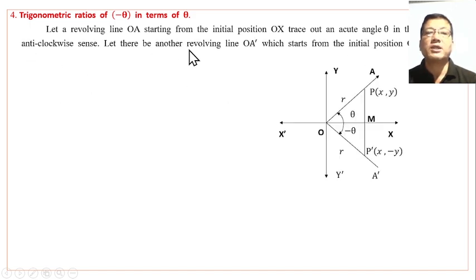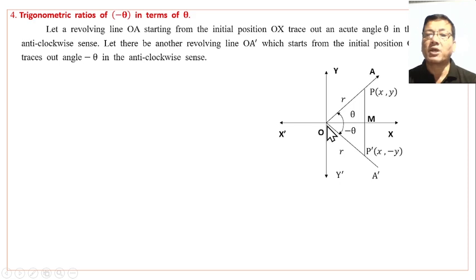Let there be another revolving line OA dash which starts from the initial position OX and traces out an angle minus theta, in the clockwise sense. The revolving line moves anticlockwise from OX to make the angle theta and reaches OA. Similarly, for the same angle moving clockwise we get minus theta, reaching OA dash.